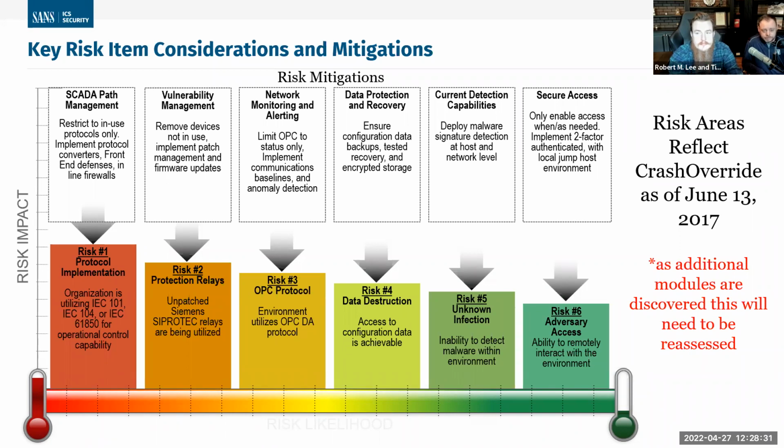So looking at Crash Override from 2016, looking at this slide and looking at those risks and saying, well, hey, if I was in Europe and I saw Crash Override and I saw that it was using IEC 101 and IEC 104 and 61850 and OPC for control, I would say, I'm using all those protocols, so it's of a concern to me.